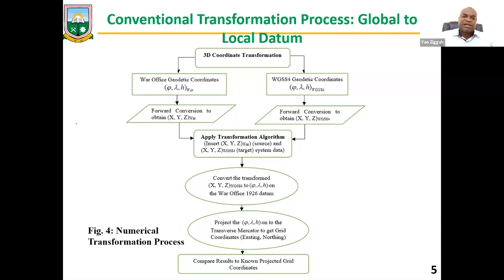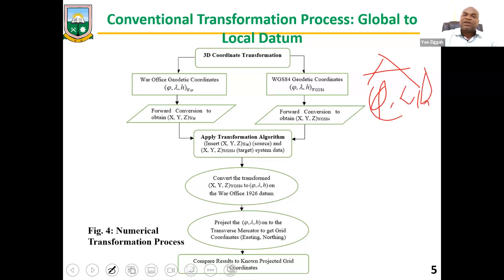So common point means that if I have control point A, as an example, I should have latitude, longitude, ellipsoidal height in WGS 84, and then I should have corresponding latitude, longitude, ellipsoidal height in the other system. So if you are looking at a grid system like the mine grid system, the mining company must have the corresponding Ghana national grid coordinates of all their mine grid coordinates.